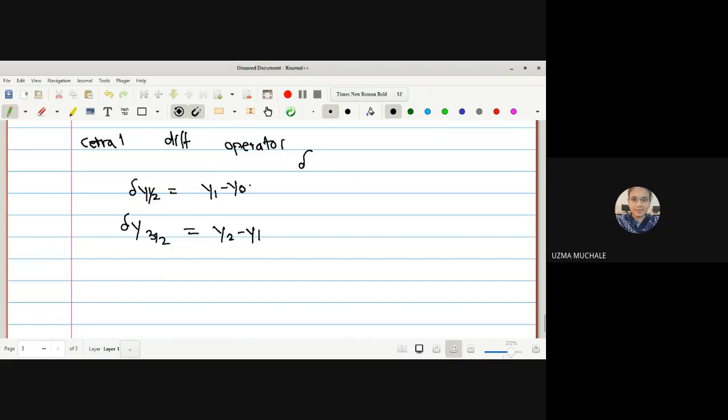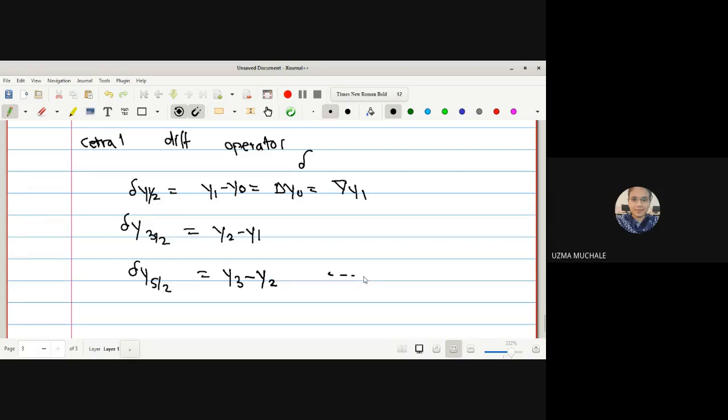These values we have denoted as delta y0, and this same one we have denoted as backward difference operator y1. So these values are the same, but the central difference operator y half is written as y1 minus y0, y3 by 2 is written as y2 minus y1. Then the next one, 5 by 2, we can write as y3 minus y2, and so on.